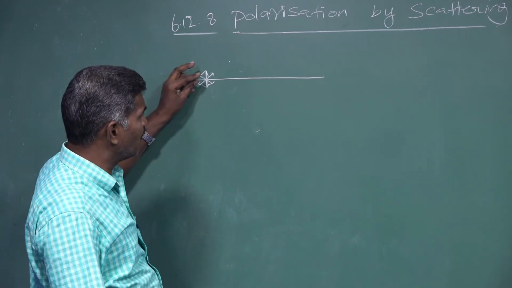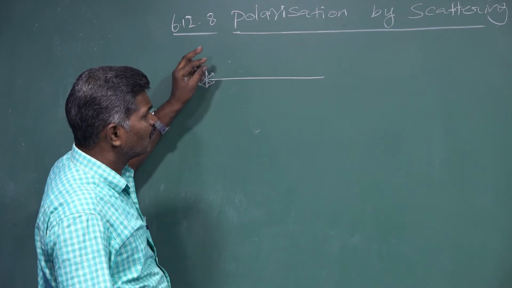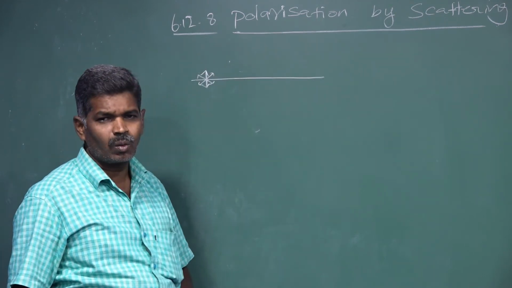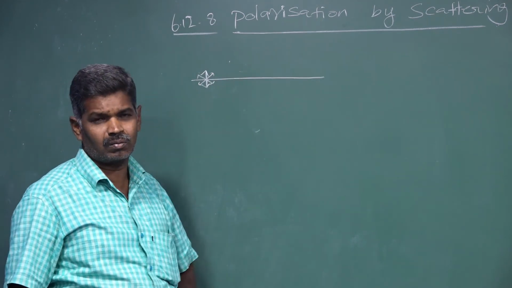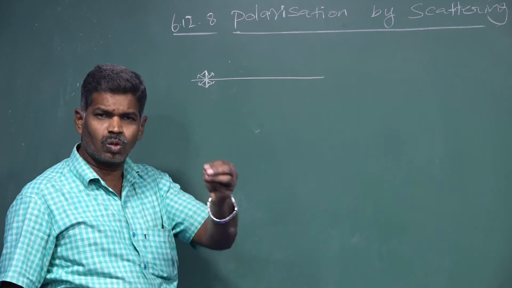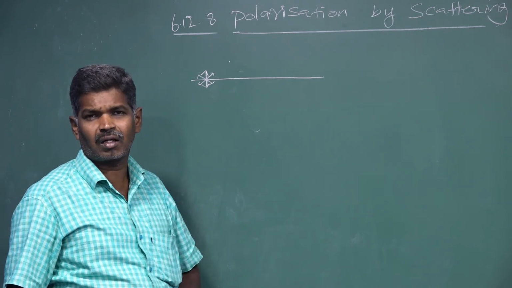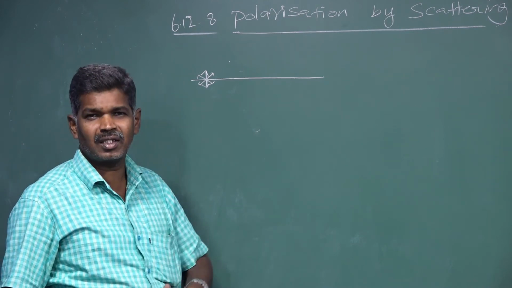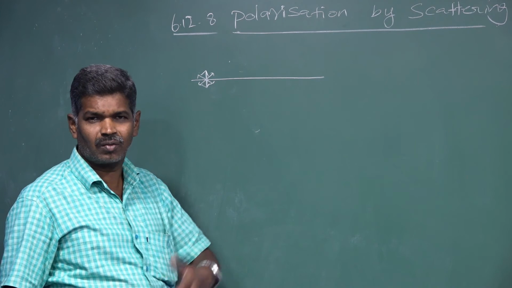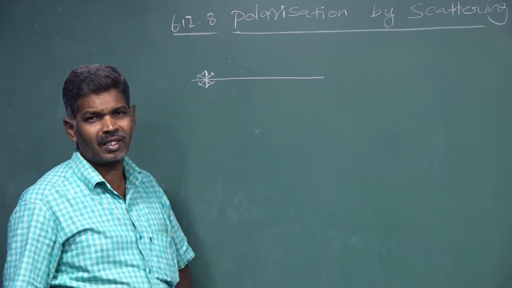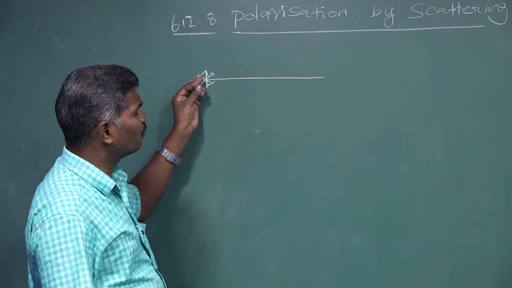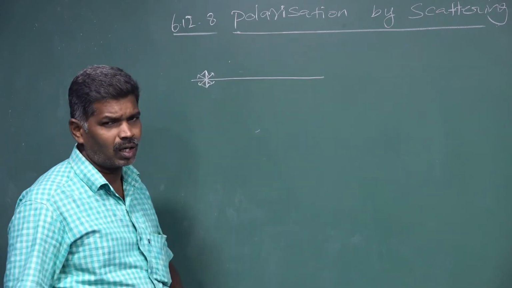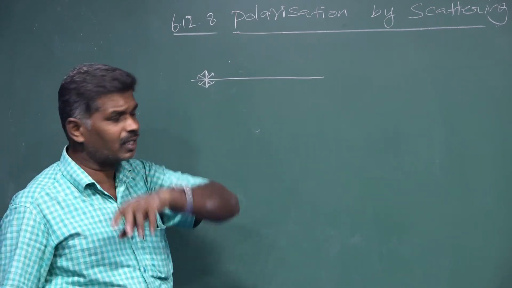This unpolarized light is going to fall on an air molecule, for example O2 or N2, because in our atmosphere the major percentage is nitrogen molecules, 78%. Suppose this unpolarized light falls on one of the nitrogen molecules.